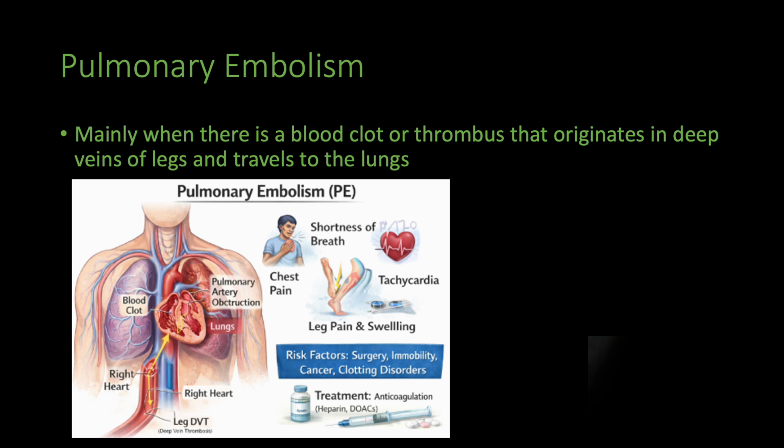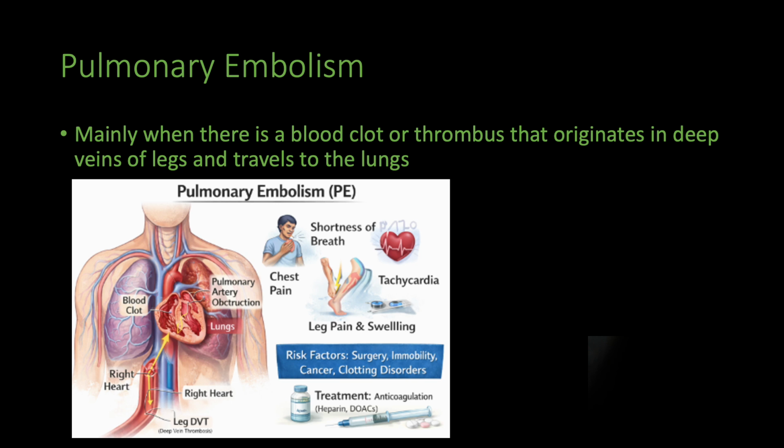So here, the blood clot comes from the legs, or the deep vein thrombosis, and then moves up to the right heart. What happens here? The clot forms in the deep vein, travels to the right heart, and then lodges in the pulmonary artery.